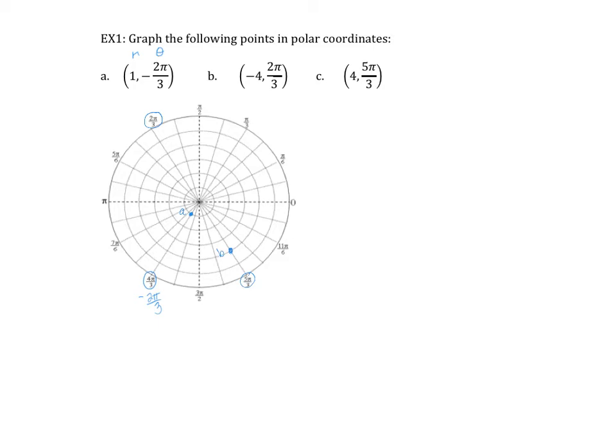I actually end up at the same point as B. So remember, in polar coordinates, there's going to be infinitely many ways to describe the same point, since r's can be negative or positive, thetas can be negative and positive. Plus, remember, theta can keep going plus or minus 2 pi, and you're still going to be at the same point. Whereas in rectangular coordinates, xy coordinates, there's only one way to describe a point.